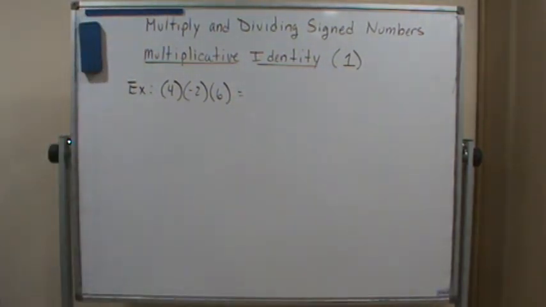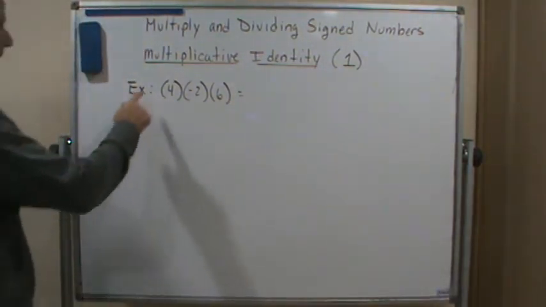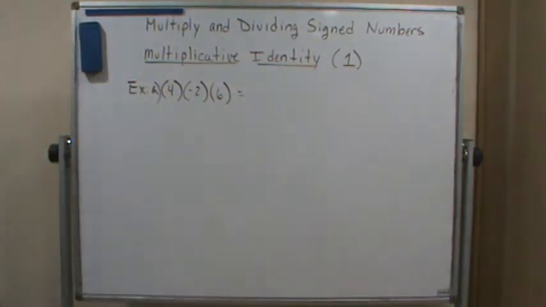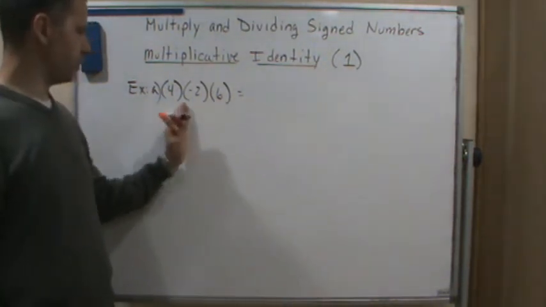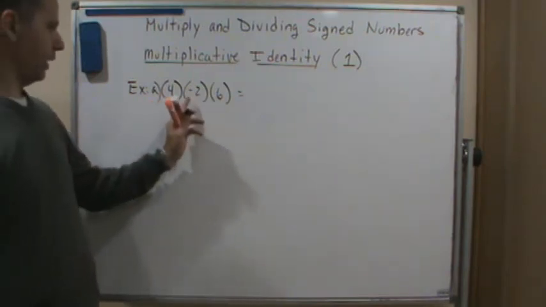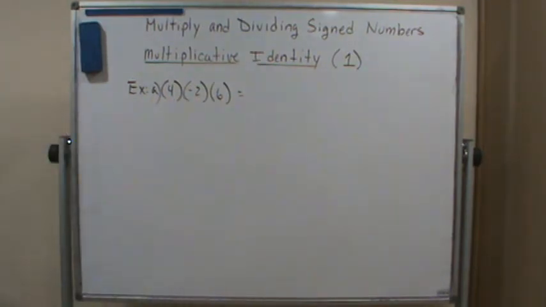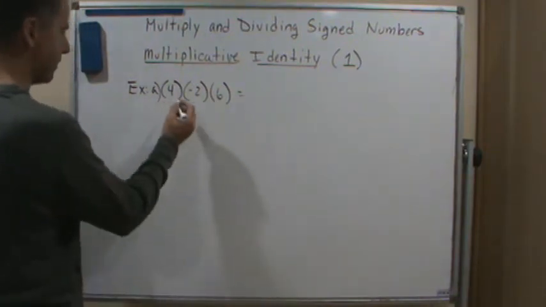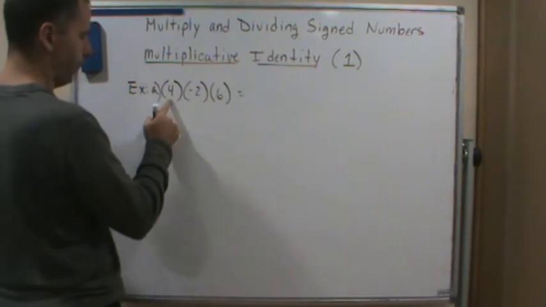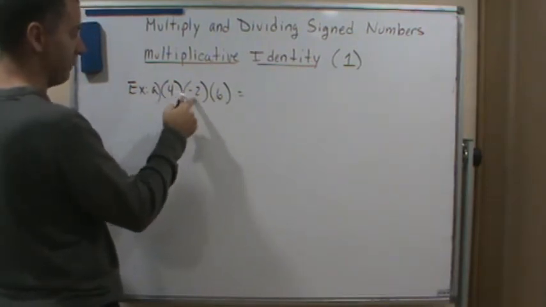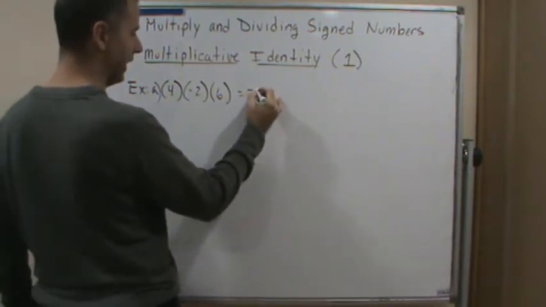Okay, so let's do this one here. So this will be A. And again, it doesn't matter which ones you multiply together, but let's go ahead and do this one here. So we get 4 times negative 2. If we do 4 times negative 2, what do we get? We get 2 times 4 is 8, and since they have opposite signs, it's going to be negative 8.